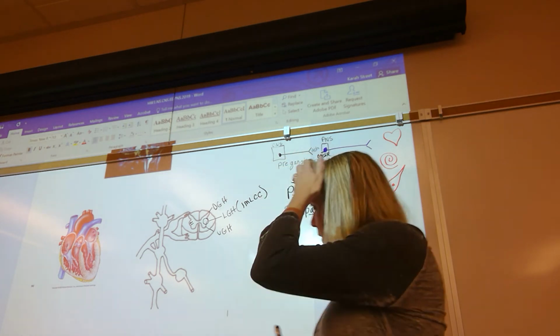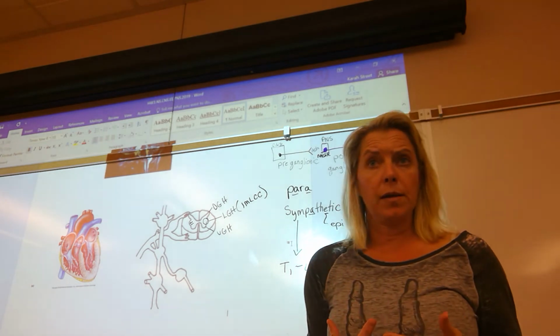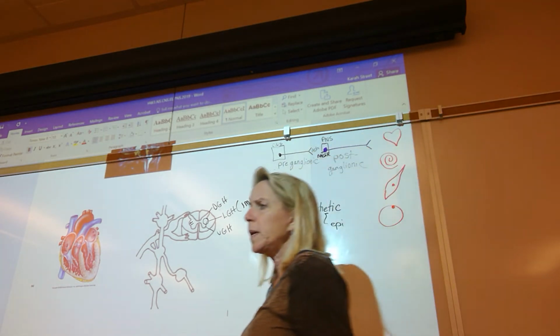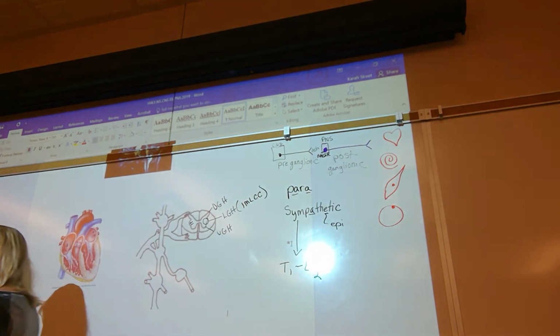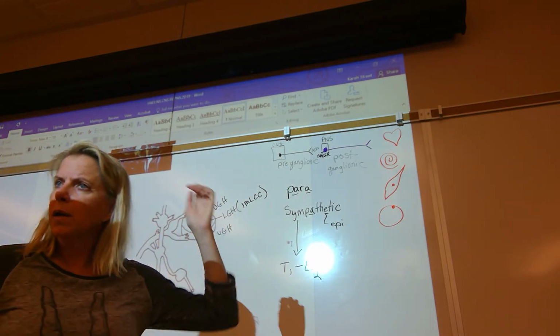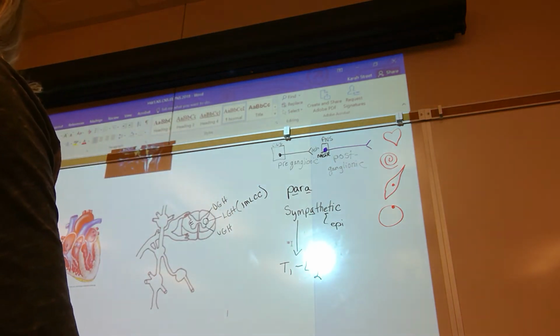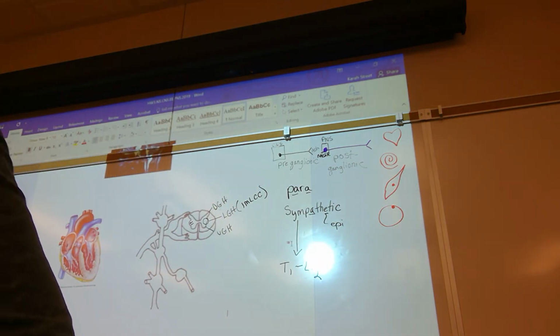Okay? So now we're going to start drawing pathways. There has to be a way into the spinal cord for afferent signals. There has to be a way for outgoing signals, motor commands. We're talking about the sympathetic and parasympathetic division. We are currently focusing on their visceral motor commands, outgoing.